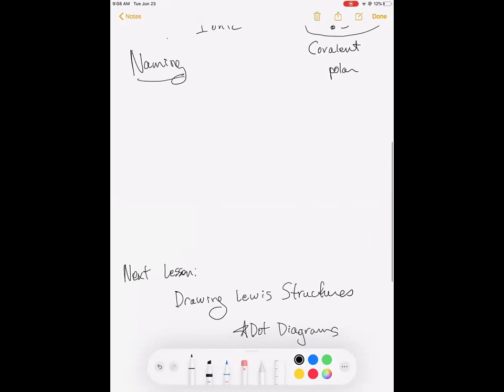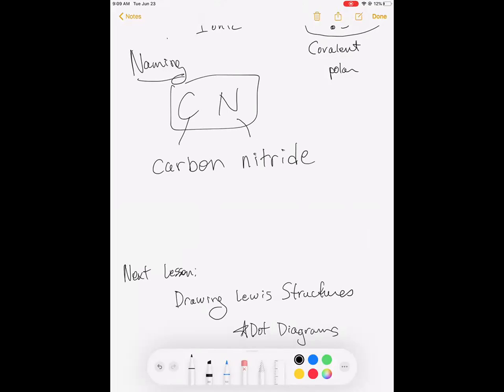I want to talk very quickly about naming. Very simple. You're going to name the first element, for example, let's just take that carbon nitrogen compound, CN. You're going to name the first element, carbon, and then you're going to name the second one, but you're going to change the ending to IDE.